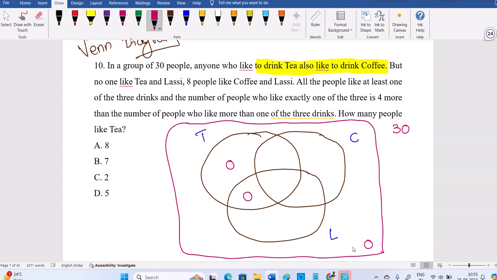So guys, what can be done now? Coffee and lassi is 8. That's the only area we got. Let us say this is y and z. Y plus z equal to 8. They didn't mention only coffee and lassi.